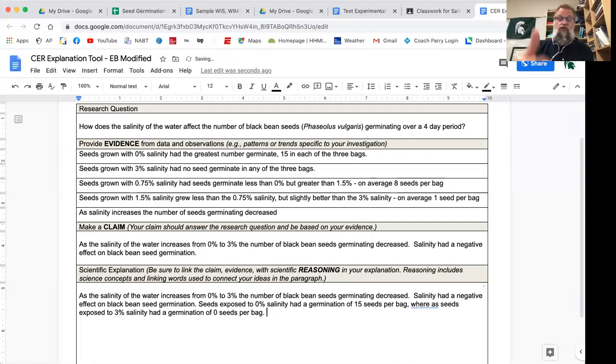And then I would include other information. I would go on to say those exposed to salinity, ranges of salinity between 0 and 3% showed a germination rate between 0 and 15 seeds. And I can be very specific. The seeds exposed to 0.75% salinity averaged 8 seeds per bag. The seeds exposed to 1.5% salinity averaged 1 seed per bag, falling in between the range.